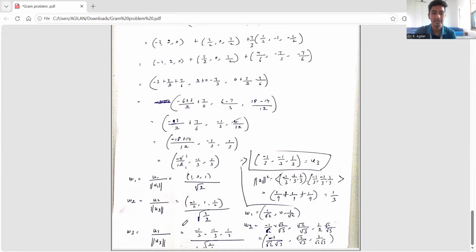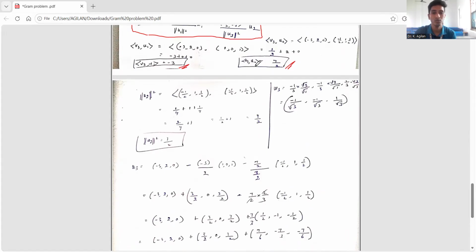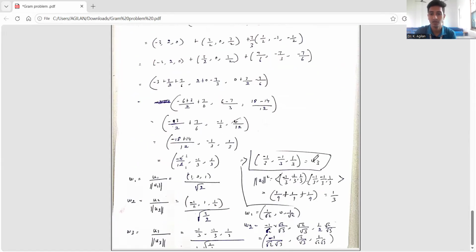Substitute here, and also in the value of U3, norm of U3 square is the inner product of U3 comma U3. Substitute the U3 value: minus 1 by 3, minus 1 by 3, 1 by 3, comma, minus 1 by 3, minus 1 by 3, 1 by 3. Right? So multiply these terms. Minus into minus is plus 1 by 9, plus 1 by 9, plus 1 by 9.